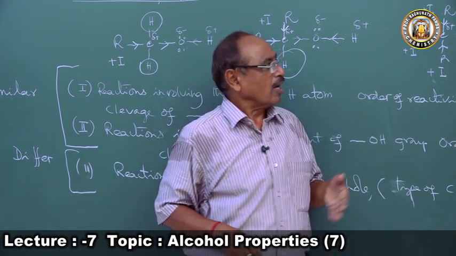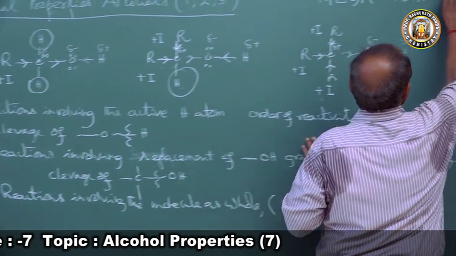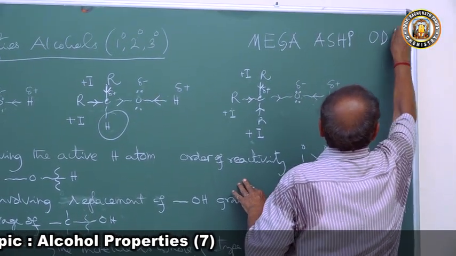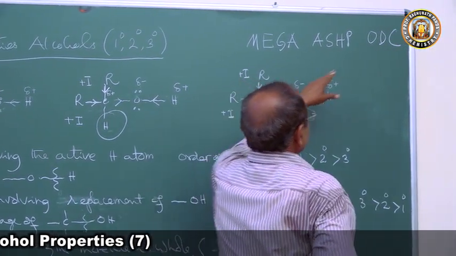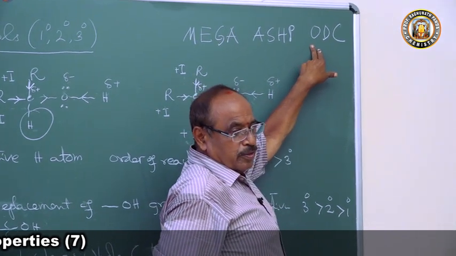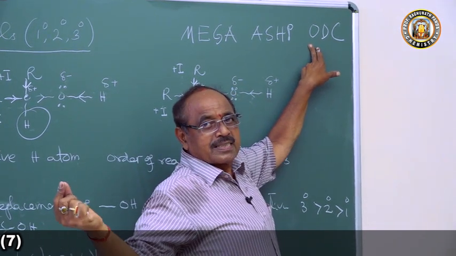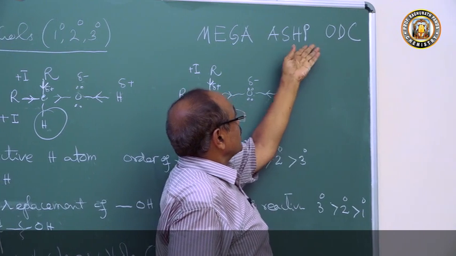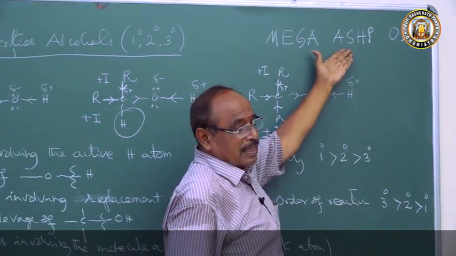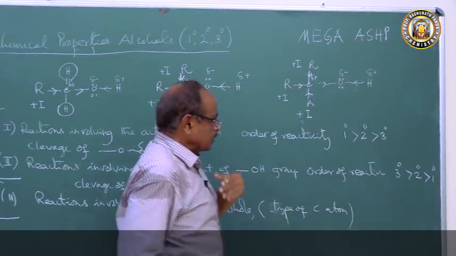So I take now a mega ASHP ODC. The ODC is a difference, distinguishing the three drunken persons by the dance, and a source of mega horsepower, all alcohols. So I want to tell you this.